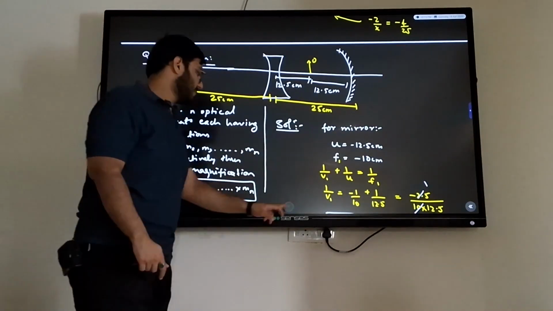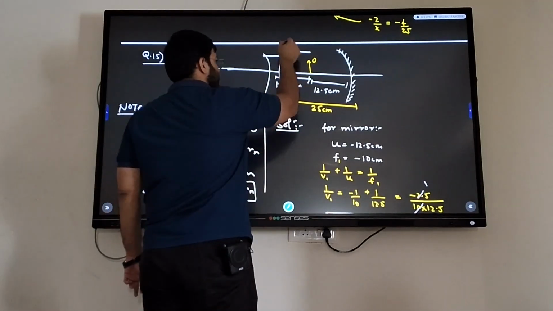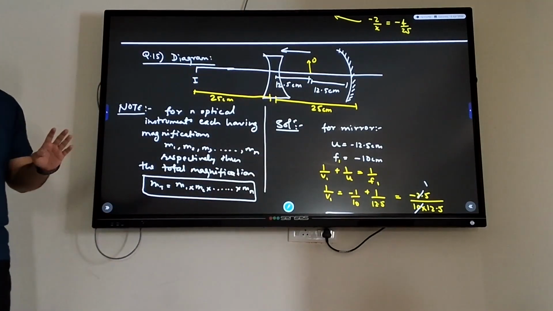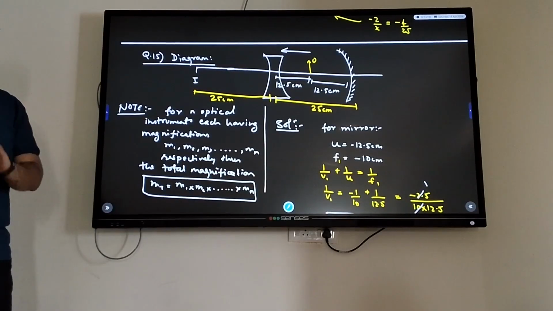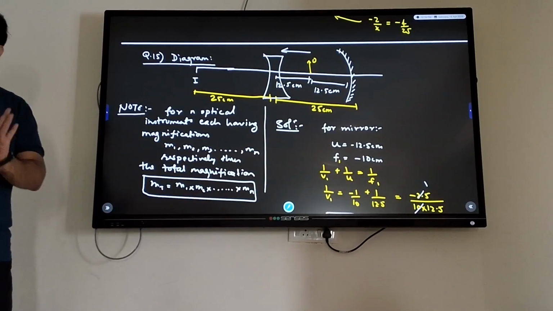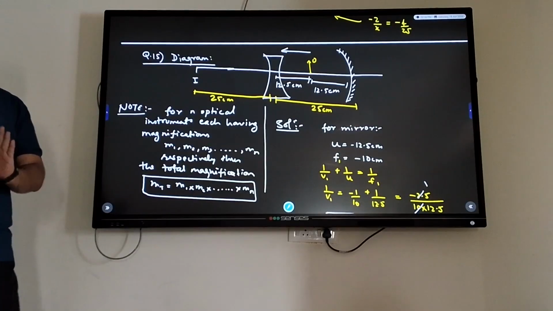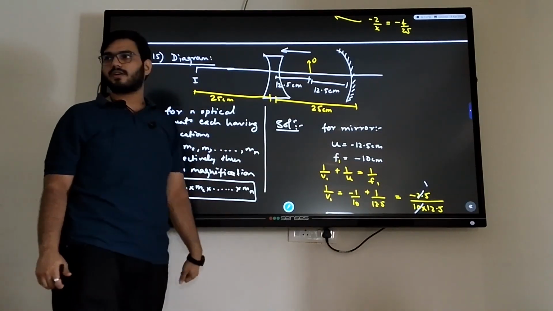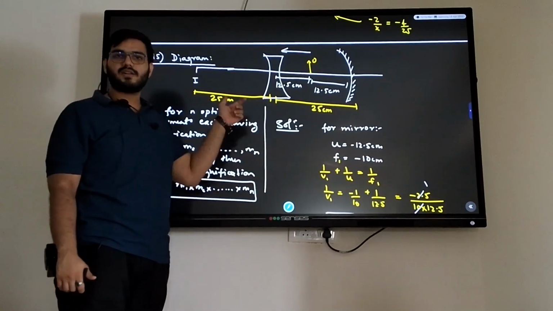This is the crucial part of the question: the rays which hit the instrument are the incident rays.